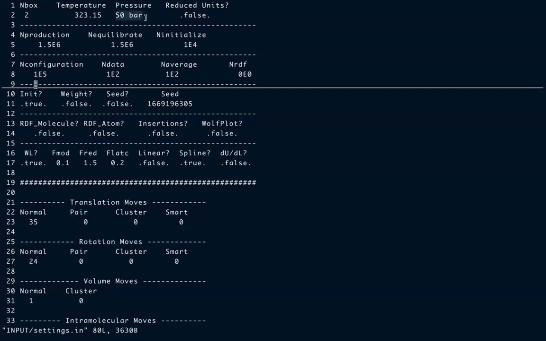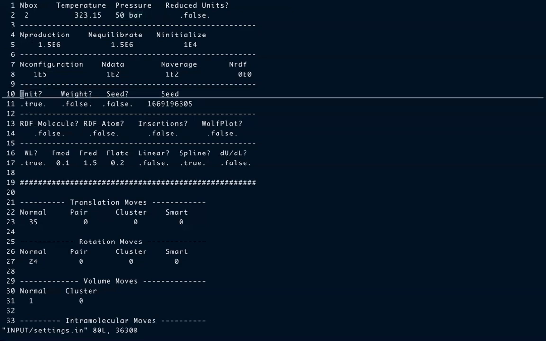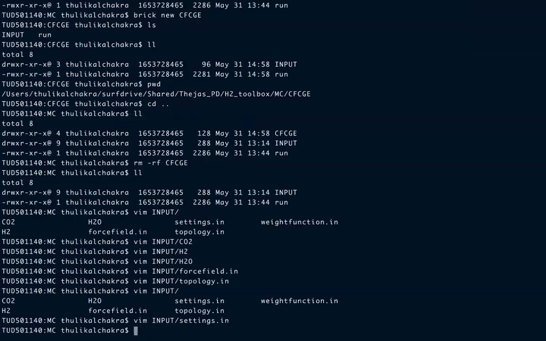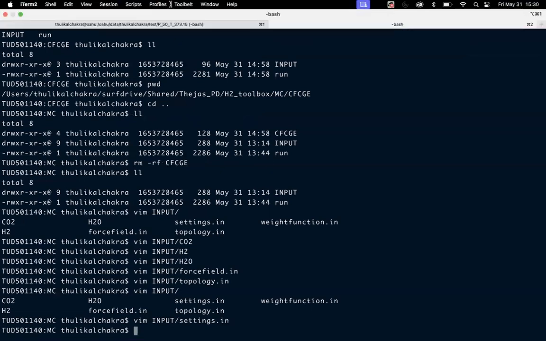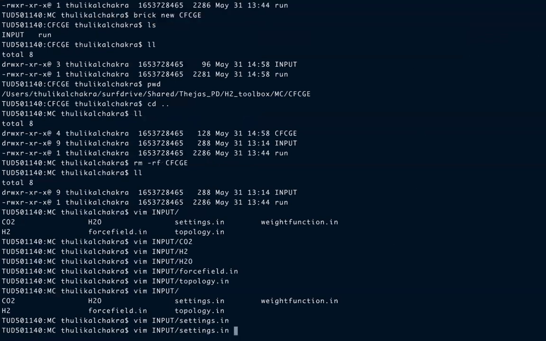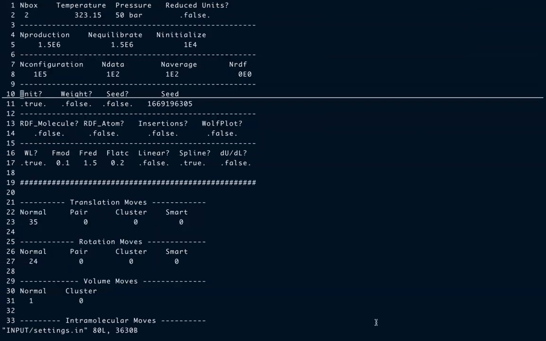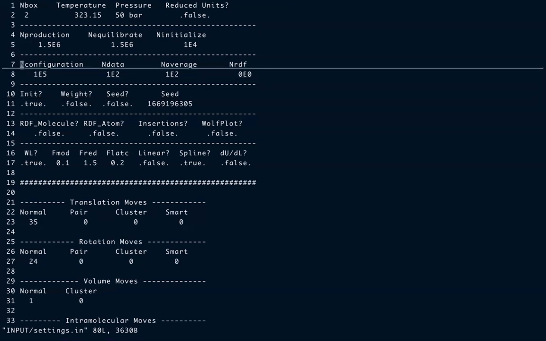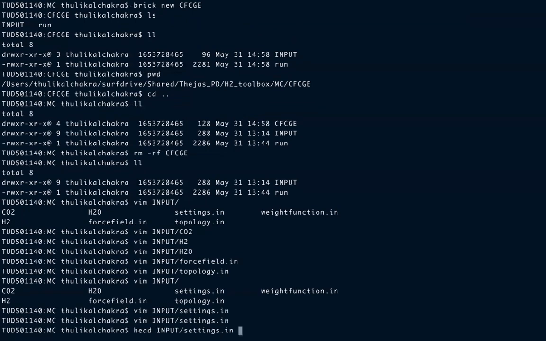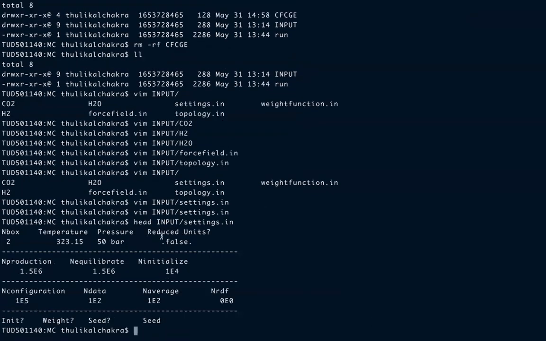The pressure is 50 bar. Here it's asking me whether I want to provide everything in reduced units, which means that I specify things that are normalized by certain parameters, but here I say that should be false.